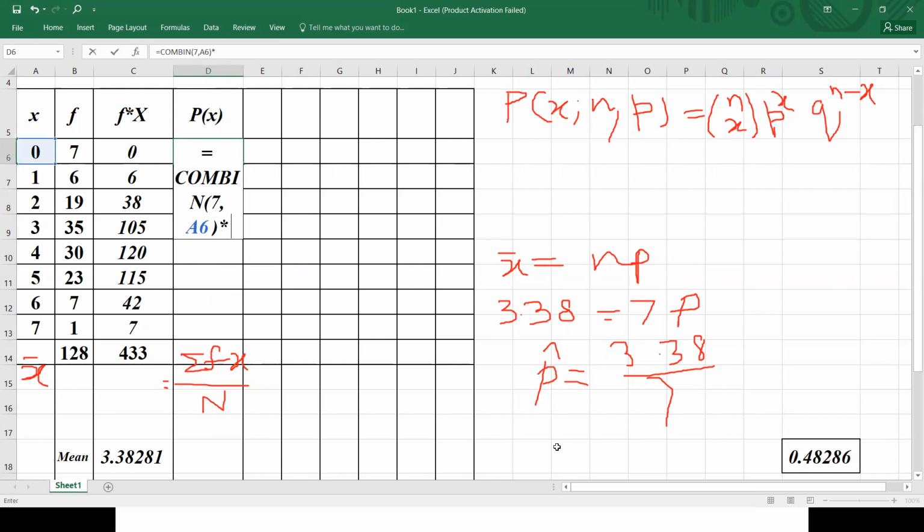The value of P is what? The value of P is 0.4826. So I'm just using it as a static value here, multiplied by Q. Q is what? 1 minus 0.4826, raised to the power N minus x, 7 minus x. X is what? X is this. And this should be in brackets.